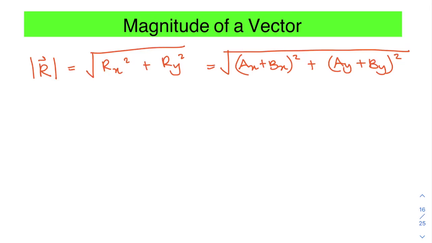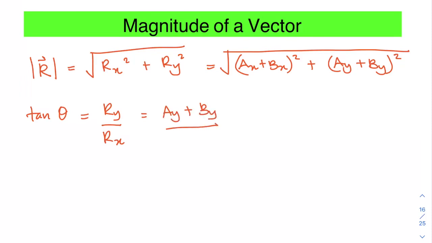This is the magnitude, but it is not complete yet because we are dealing with a vector. You have to finally come out with the angle. Tangent theta is equivalent to Ry over Rx, which is Ay plus By over Ax plus Bx. If it is direction only, the angle is the inverse tangent of the whole of this.